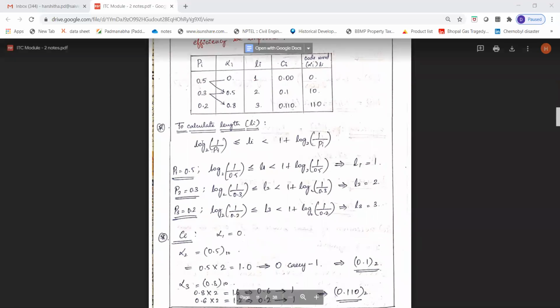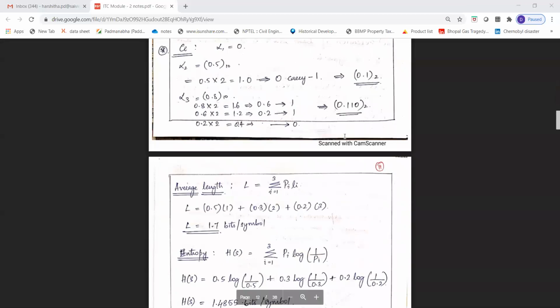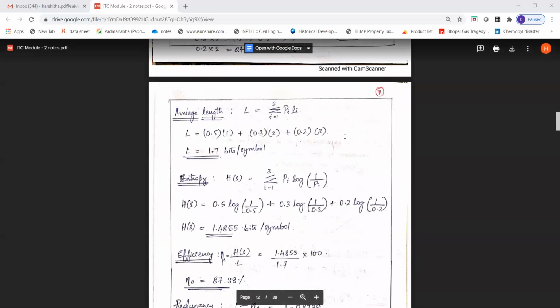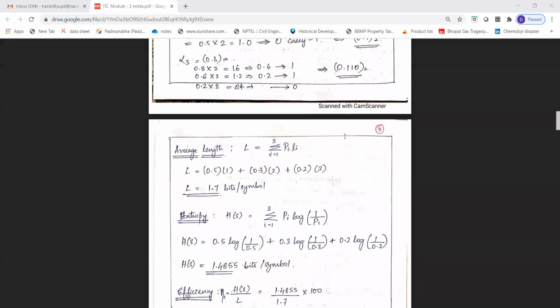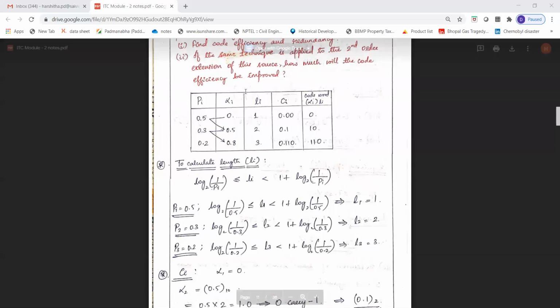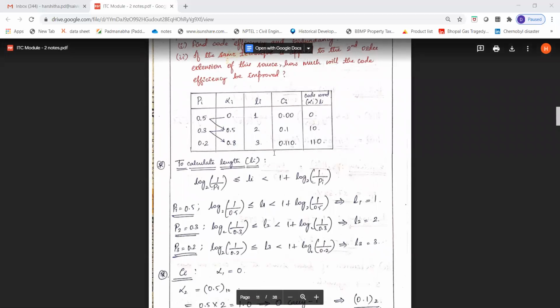So now after writing this table, we are supposed to calculate the average length. The formula for average length is the summation of i equal to 1 to 3 of the product of probability and the length. The probability you can find in the first column and the length is found in the third column.